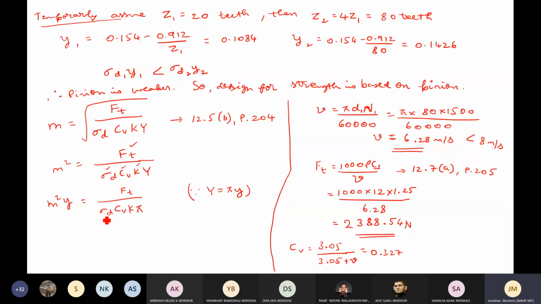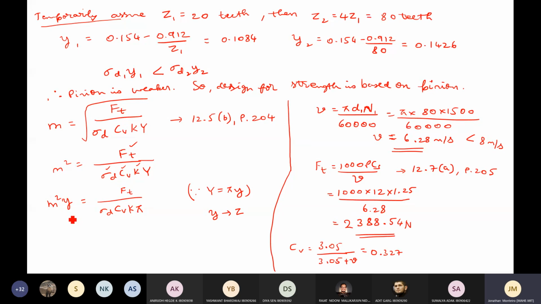Now you might get confused why we are coming here, why it is separately pushed up here. Remember, y is a form factor, and y is dependent on z, which is still unknown. This z we calculated only to temporarily find out which is the weaker member. So m square y is required now.